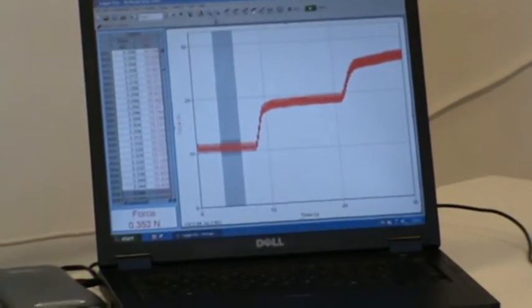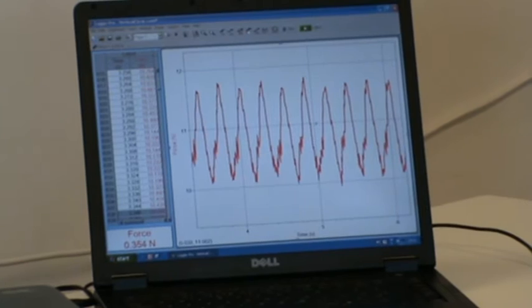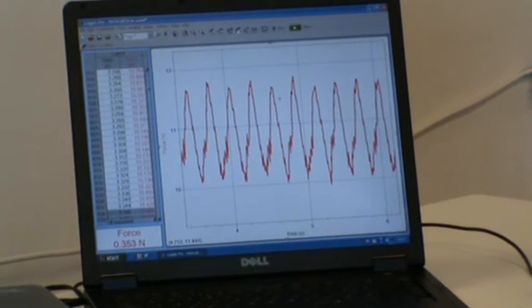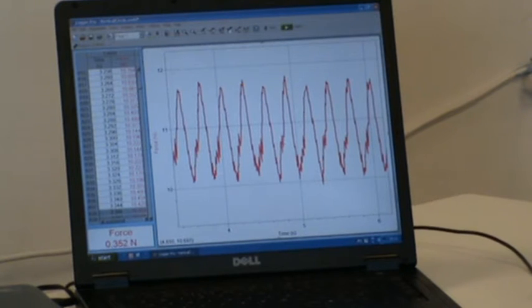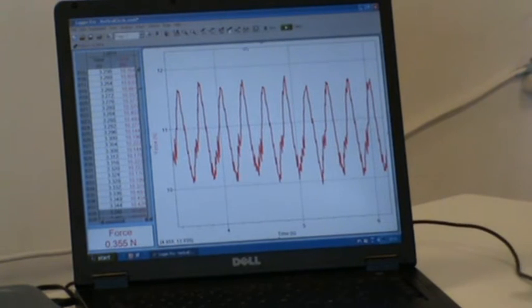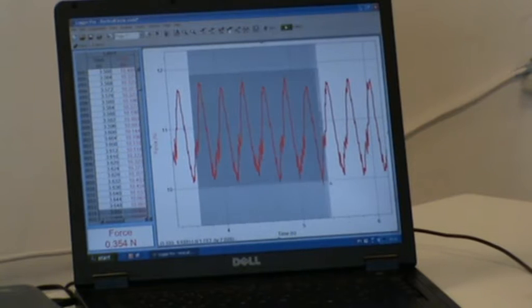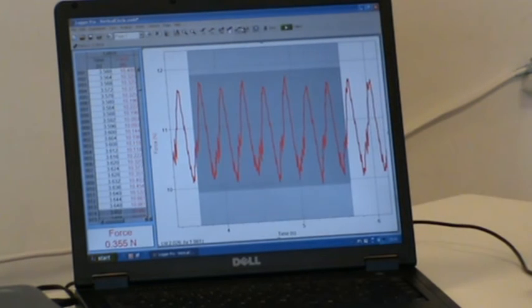Right, if we zoom in on a small section of data that seems to be reasonably reliable, there are some unexpected oscillations here, but it's not far off something that you could just about convince yourself was a sine wave.